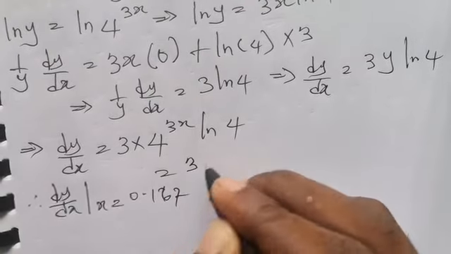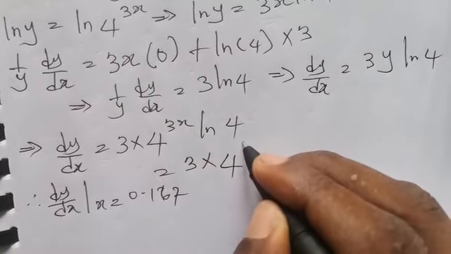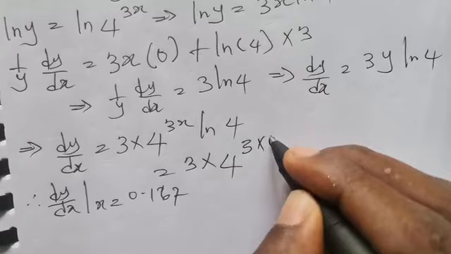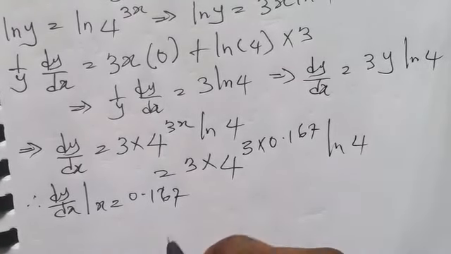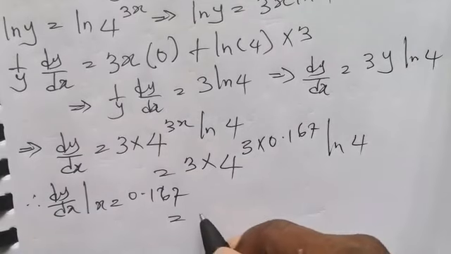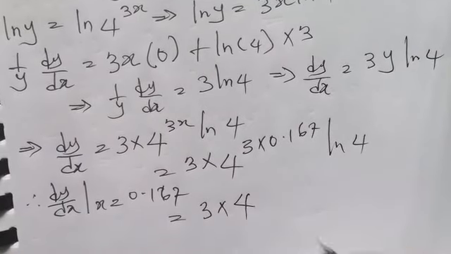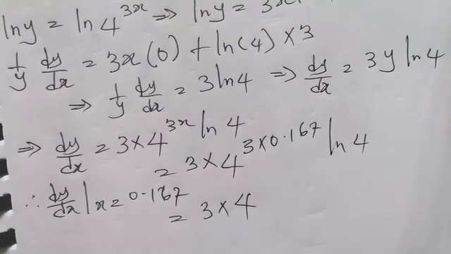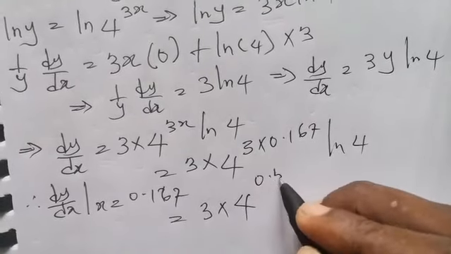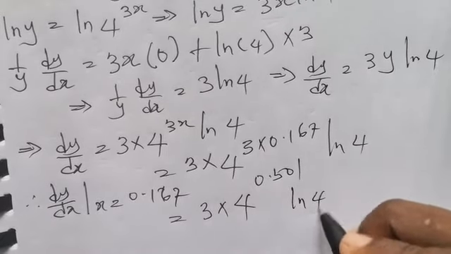So you have 3 times 4 to the power of 3x, but x is 0.167, multiplying ln 4. So this is going to be equal to 3 times 4 to the power of, let's obtain 3 multiplied by 0.167, that gives us 0.501, multiplies ln 4.